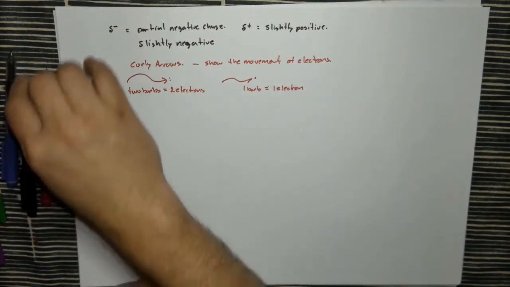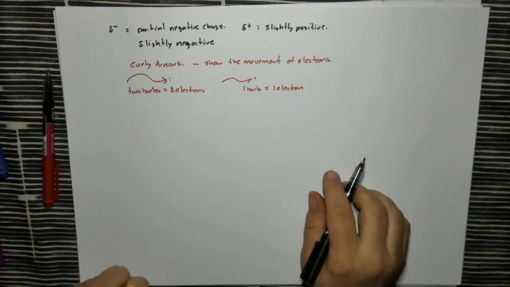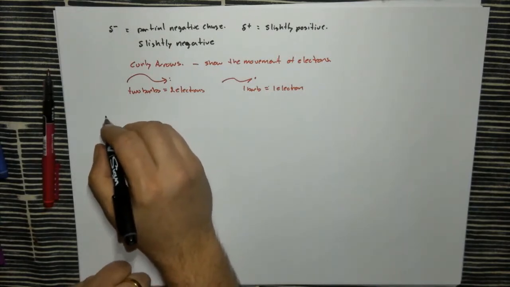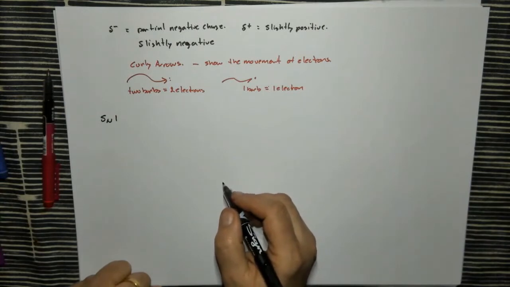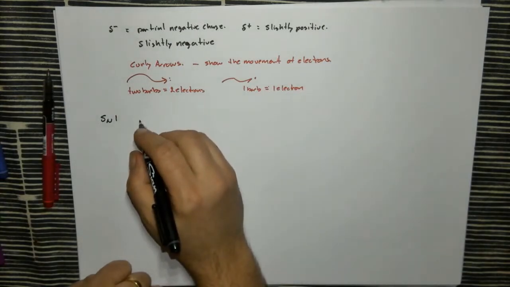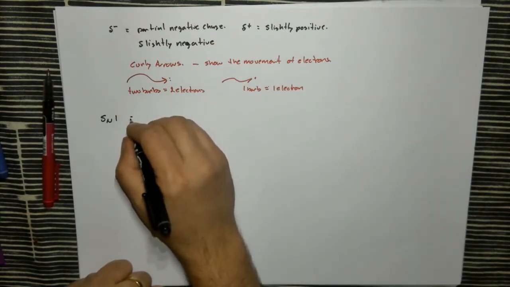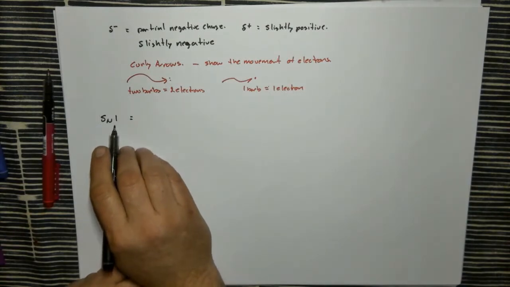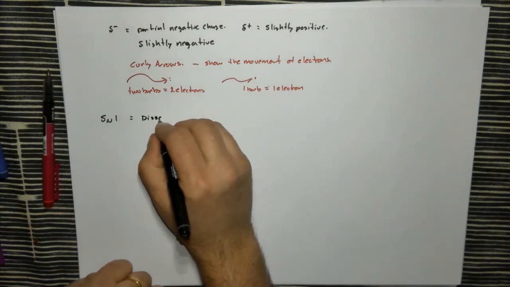So let's pick up where we were last time and talk about SN1 and SN2 reactions. I'm going to start with an SN1 reaction. We'll recall that SN1 reactions build on the idea of dissociation, since it's a monomolecular substitution.